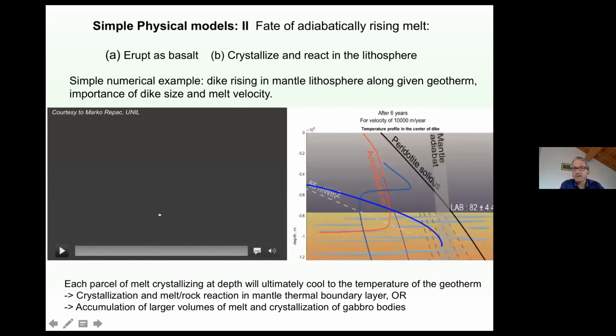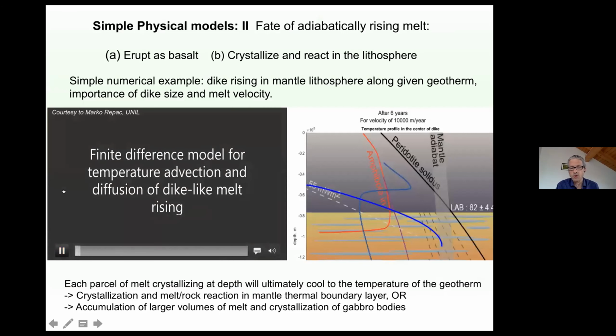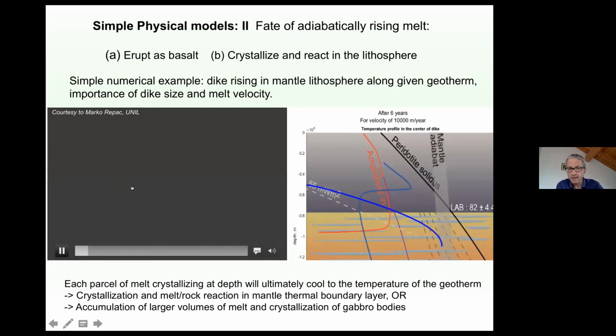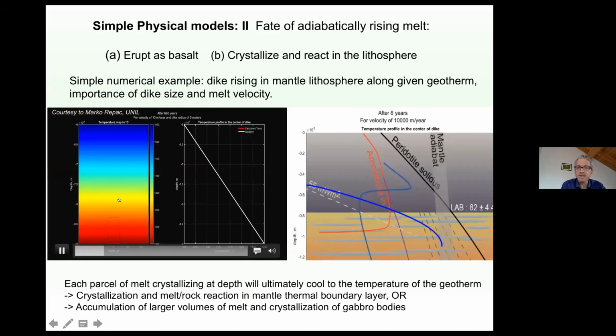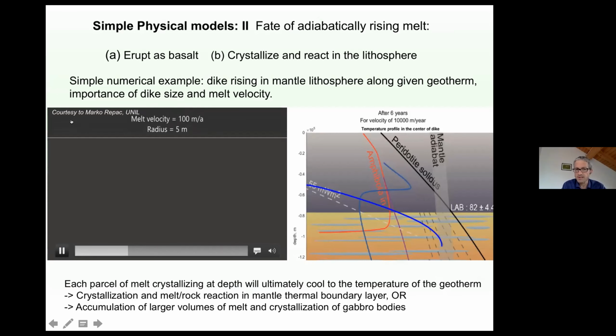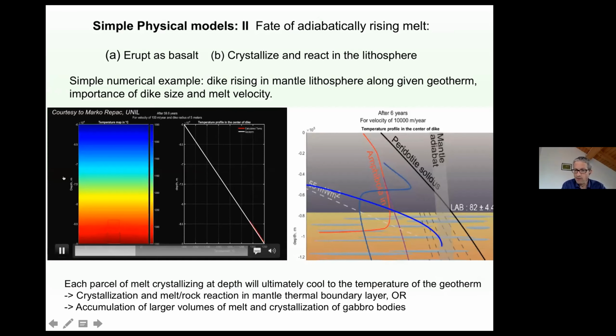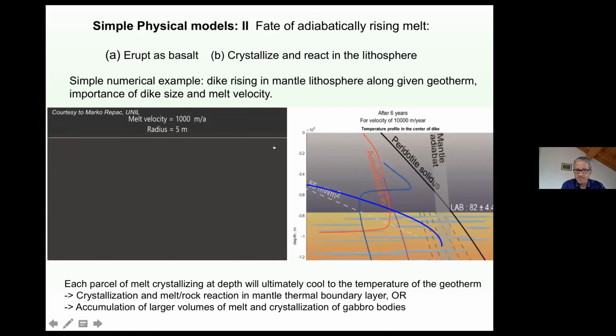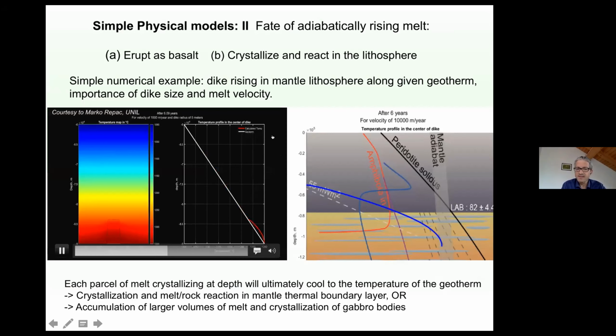If you look at the second simple physical model, for example, when basalt would rise through the mantle, I show you a nice little video of a finite difference model produced by Marco Repach at the University of Lausanne, where he simulated a dike which would rise in a temperature gradient over a distance of about 30 kilometers, and he is varying here the melt velocity in the dike for a 5-meter diameter dike, and compares on the right-hand side depth against temperature.